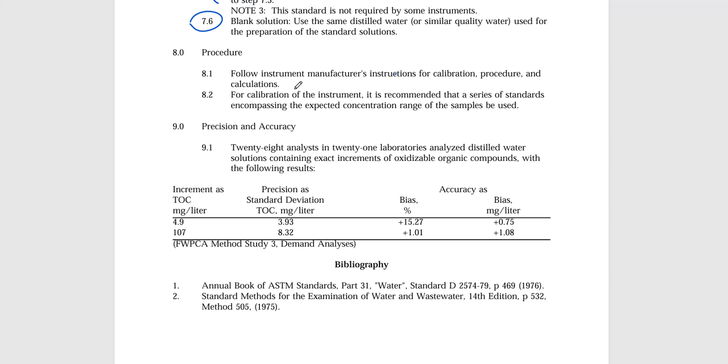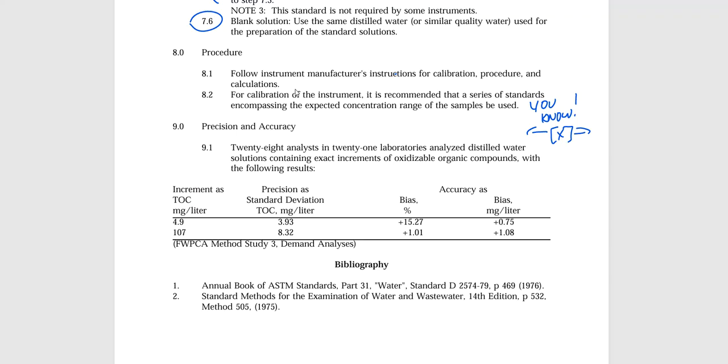8.2 for calibration of the instrument. It's recommended that a series of standards encompassing the expected concentration range of the samples should be used. So yet again, this is you, and you know something about the samples, and you know the window of concentrations that they will fall between.